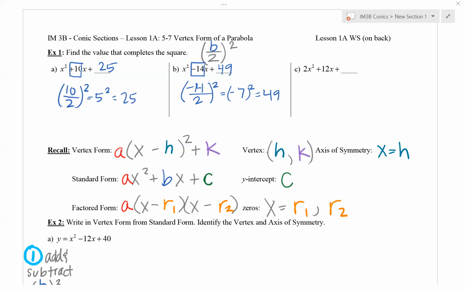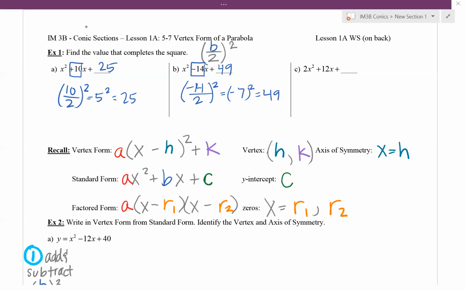So then what we're going to build into tomorrow is stuff that looks more like C, where notice the difference between the first term for A and B, it was just x squared. For C, there's a number in front. And so what we want to do first is factor out that number and then look at it from that standpoint.